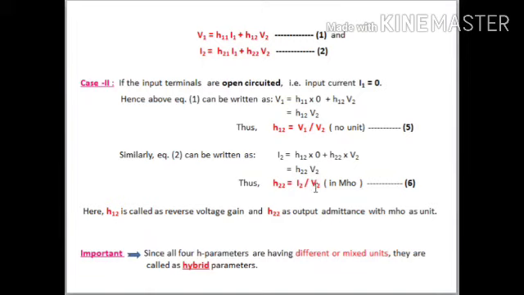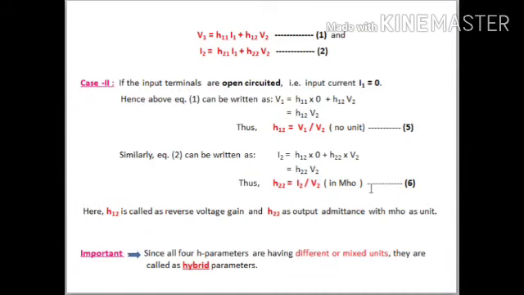Current upon voltage is nothing but the inverse of ohm, and that inverse is taken as mho, M-H-O. So take this as equation number 6.